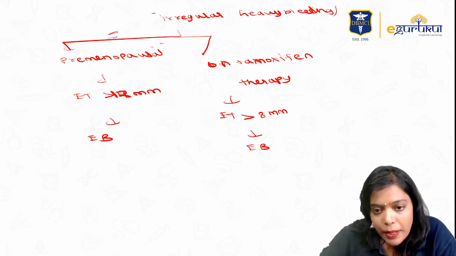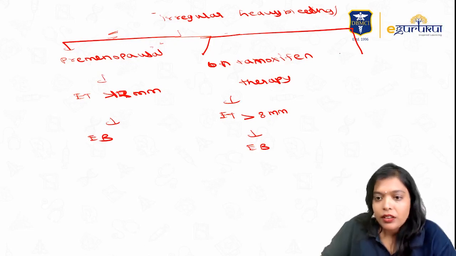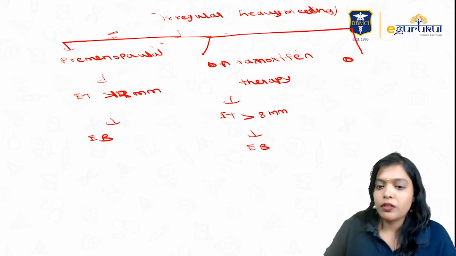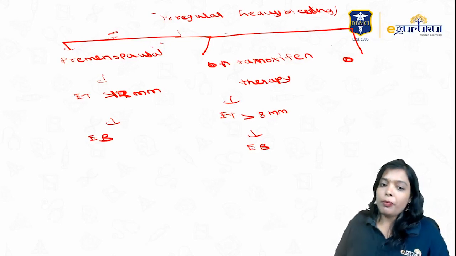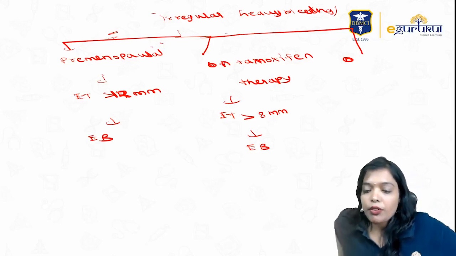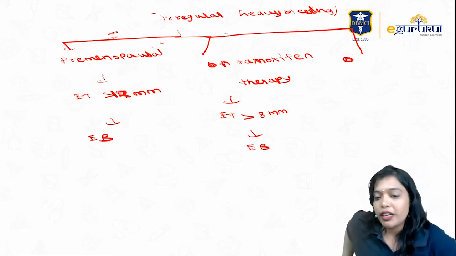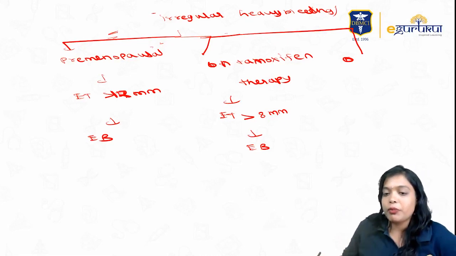So if she is premenopausal, ET more than 12 mm, you have to go for endometrial biopsy. And if she is on tamoxifen therapy, ET more than 8 mm, you have to go for endometrial biopsy.